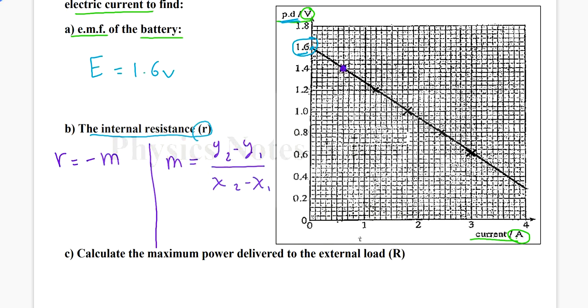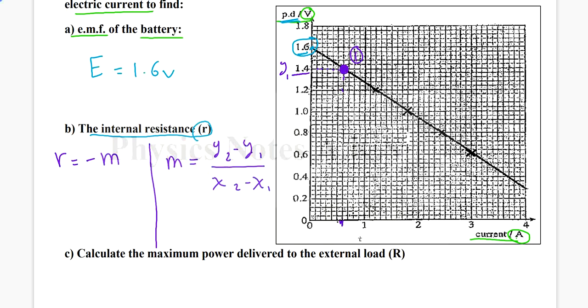I will choose this one here as the first point. The value here is 1.4, this is y1. And I go down to the value here.